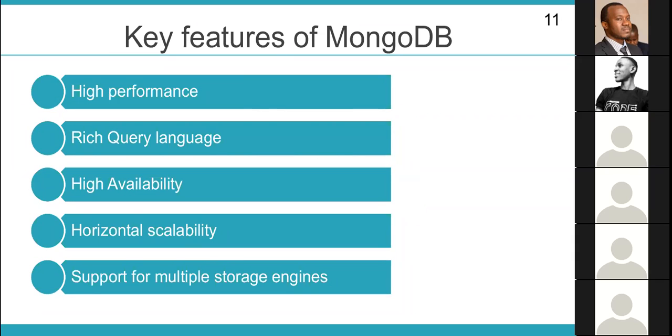Basically, there are different types of storage engines, and if you're interested in this, you can read more about it, but there's a possibility of choosing a storage engine you desire. We shall not go deep into this as a requirement of this course.